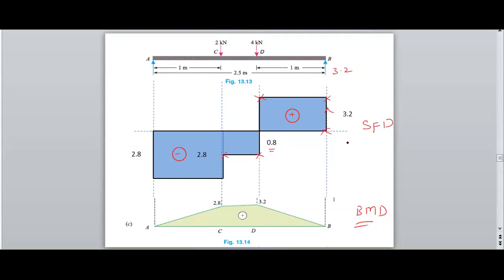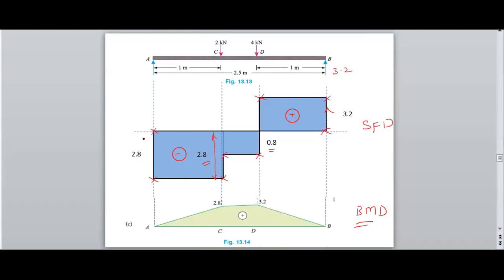At C, I am getting a minus 2.8 from the horizontal line. Before A it is minus 2.8, and at A I am getting 0.